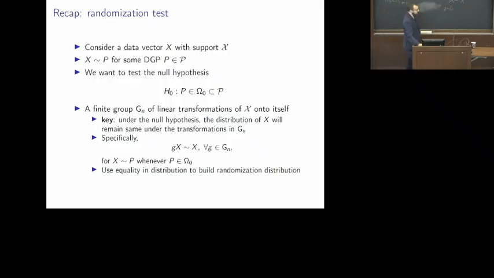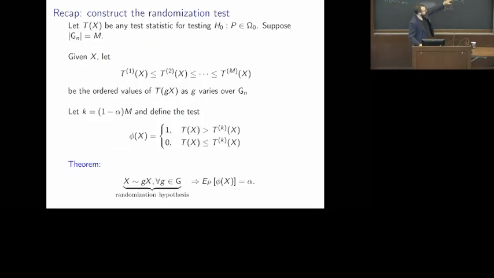And when we have that, we can build the test, because certainly we have that the evaluated test statistics are distributed the same. In fact, the full vector of the statistic evaluated at the G's has the same distribution regardless of which test statistic gets which permutation.